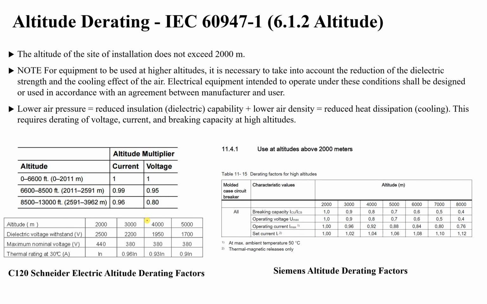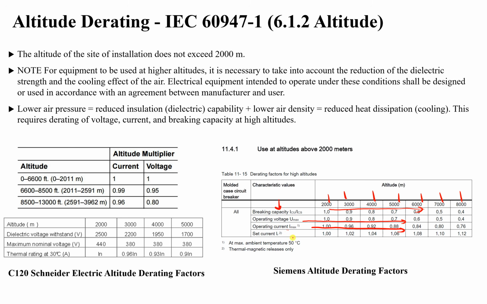This one is from the Siemens catalog, and you can see we have different altitudes here. Number one, for breaking capacity, Icu or Ics, the ultimate breaking capacity or service breaking capacity, will start to go down as the altitude increases. Similarly, the maximum operating voltage starts to go down as the altitude increases, and the operating voltage goes down.